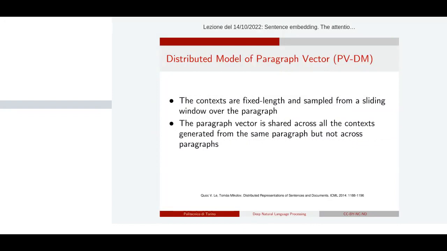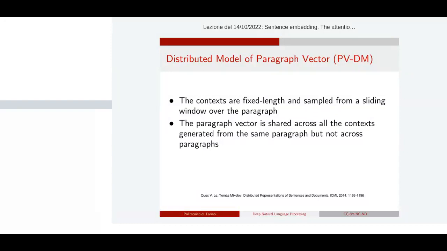Of course, here the size of the context is again fixed, so you have no way to adapt it. It's not adaptive, and this is of course one of the limitations, which will again be overcome by architectures like contextualized embeddings, which rely on the attention mechanism.